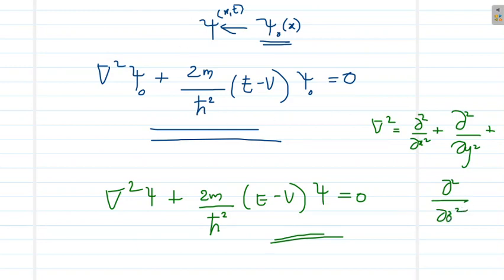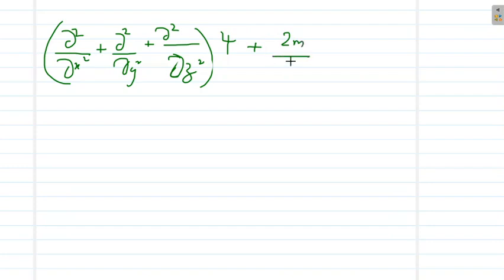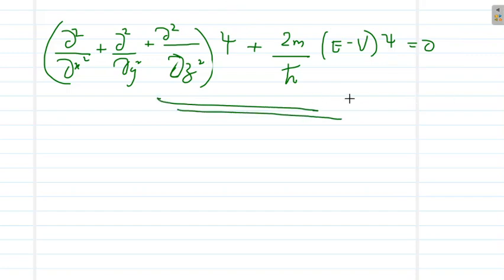So I can rewrite this Schrodinger equation as ∂²/∂x² plus ∂²/∂y² plus ∂²/∂z² into ψ plus 2m/ħ² into (E minus V) into ψ is equal to 0. So this is the time independent Schrodinger equation.